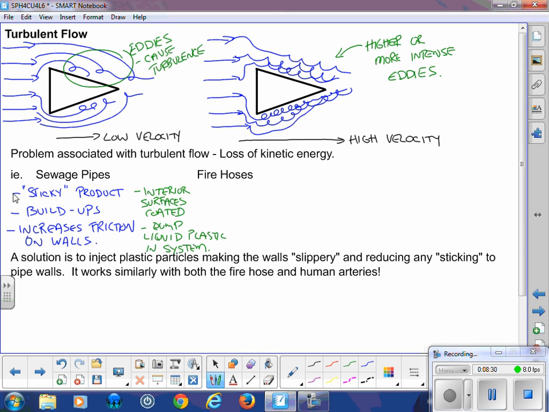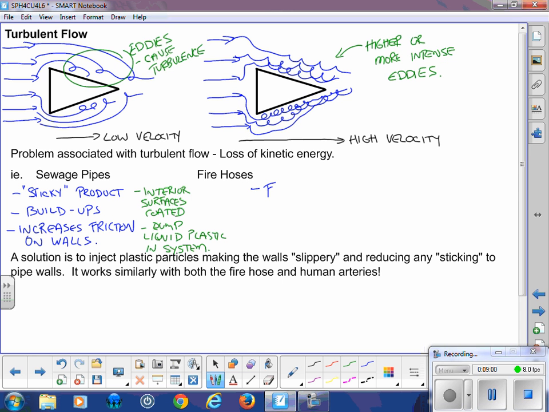Okay, fire hoses. Obviously, when we're fighting fires, you want the maximum range of that hose. So it's the same thing there. You can reduce the friction by injecting a lubricant product. Fire hoses obviously don't become clogged, but the material they use in order to store vast amounts of hose has got to be something foldable, and they use that kind of canvas material.